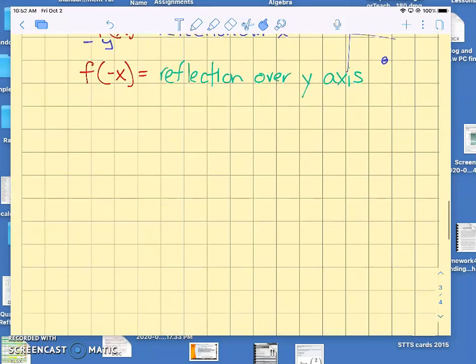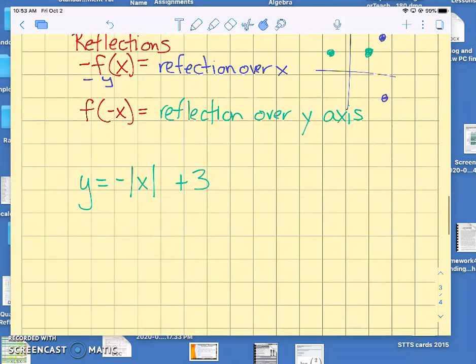So if we were to take a look at a problem here, let's say I asked you to describe how this is transformed. We have an absolute value, but we have a negative here. Now I see that the negative is on the outside. So if I scroll back up, that's similar to this one right here.